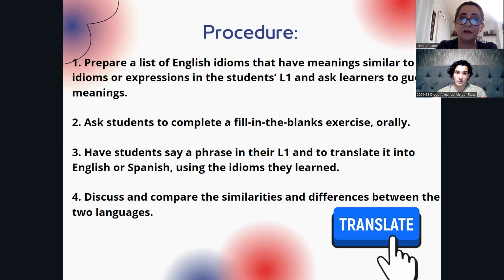The third part is about using a phrase or a sentence in either English and Spanish and then translate it to the other language. And the last part will be to discuss and compare the similarities and differences between the two languages. Is that clear? Yes. Those are our goals for this session.